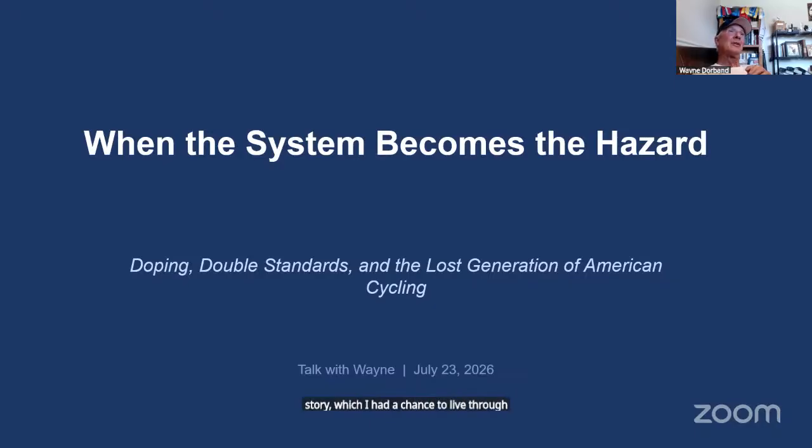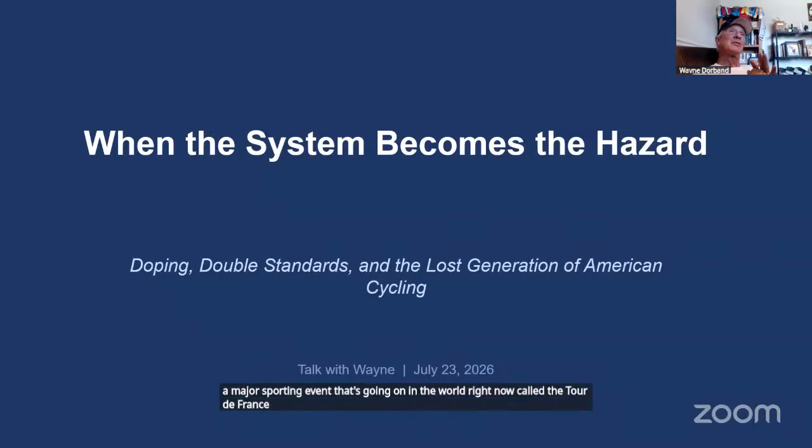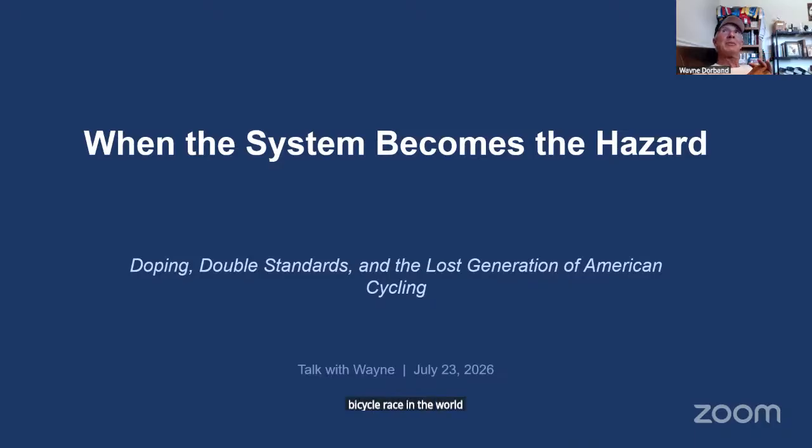It also relates to a major sporting event going on in the world right now called the Tour de France, which is the largest and most famous bicycle race in the world. I think it's in about its 125th year, but don't quote me on exactly how many.